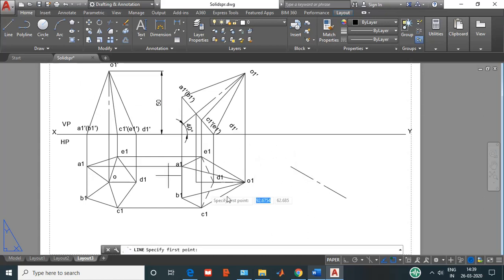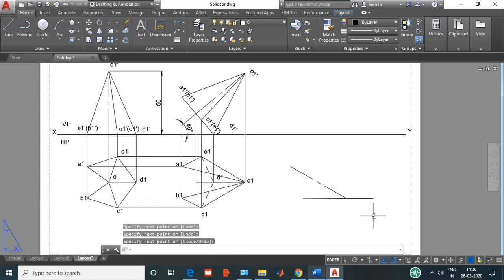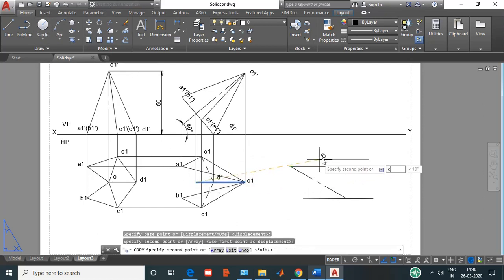Now I'll take the line command and draw the horizontal locus for this. Once I draw the horizontal locus, I need to measure the apparent length of the axis, and with this as center I have to cut the arc on this locus. So I will directly copy this apparent length and place it here.